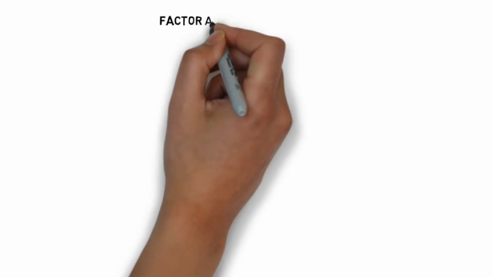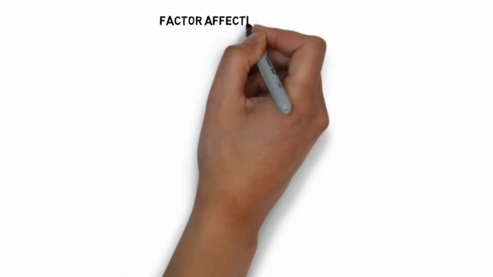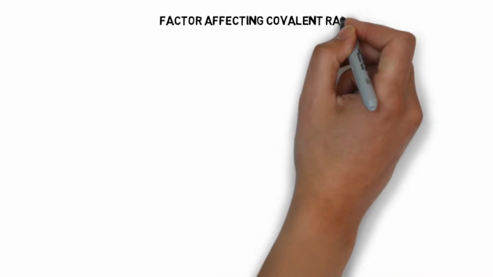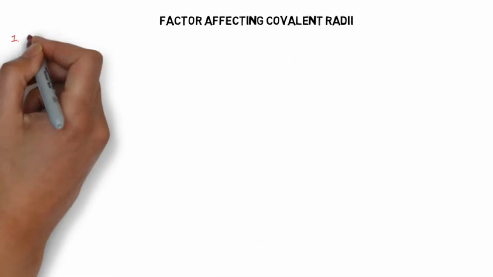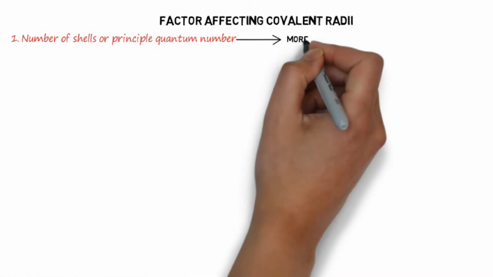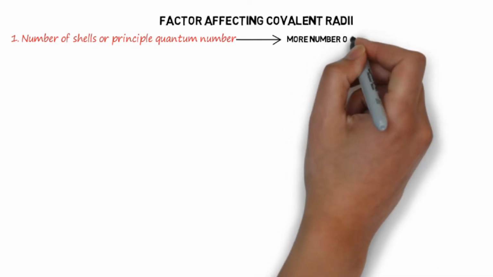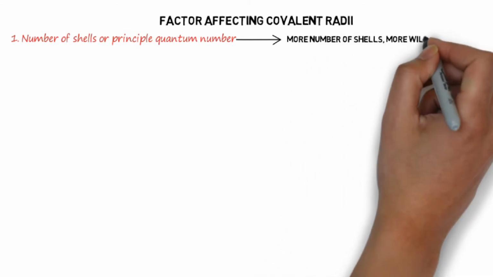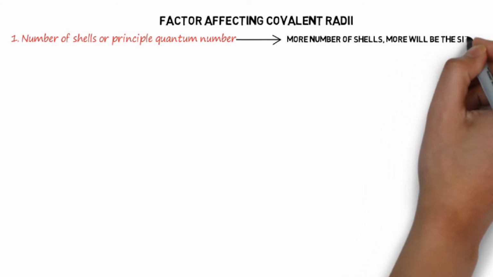Now, in order to find the trend of covalent radii in the periodic table, it is important to understand the factors affecting covalent radii. The first factor in this connection is the number of shells or principal quantum number. As the number of shells increases, the size of the atom also increases.